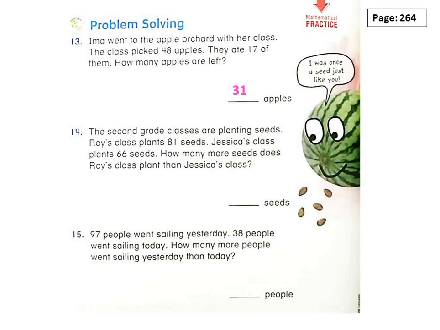Try to check the answer by yourself, grade 2. You know how. Now, let's see question number 14. The second grade classes are planting seeds. Roy's class plants 81 seeds. Jessica's class plants 66 seeds. Good. How many more seeds does Roy's class plant than Jessica's class?